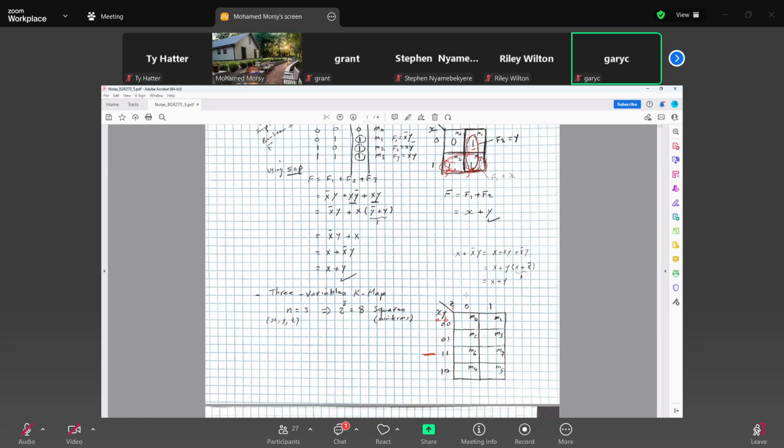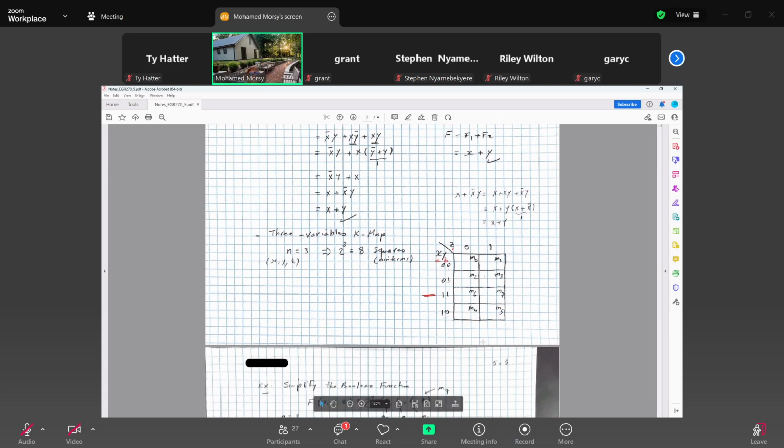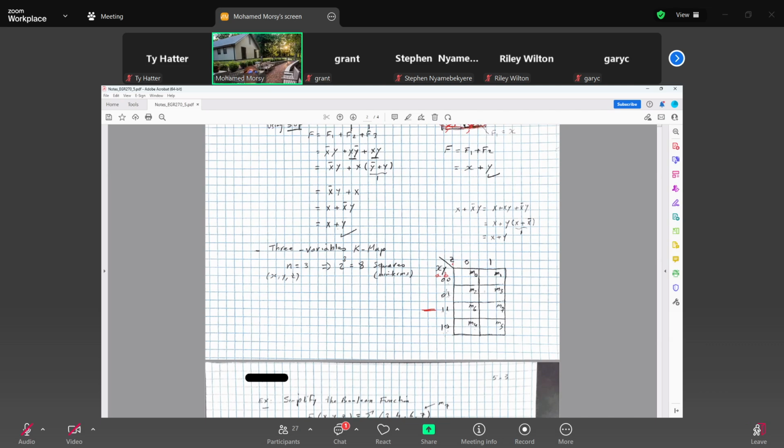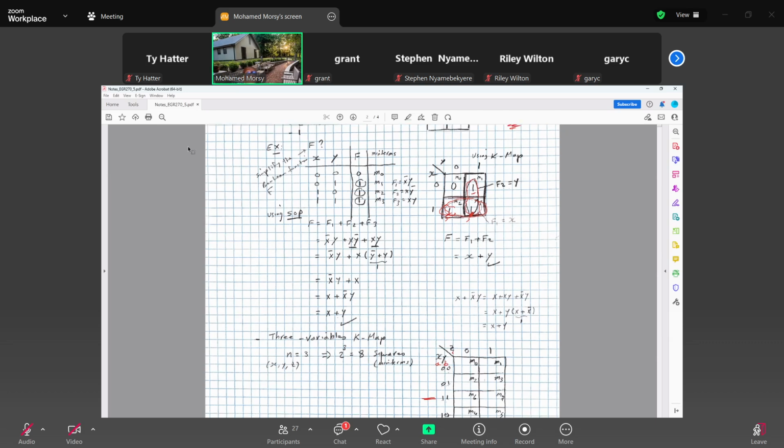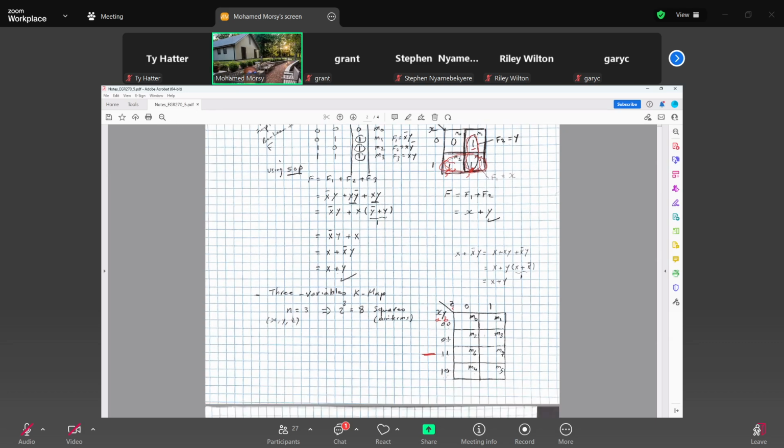So in this Karnaugh map, I go to M1, I put 1. M2, I put 1. M3, I put 1. And the rest will be zeros. One may say, oh, wait a minute, here we have only one 0 and the rest are ones, so it's better to put M0 equal to 0, and then automatically you put all the rest as ones.